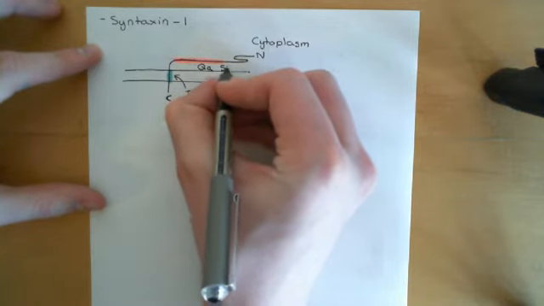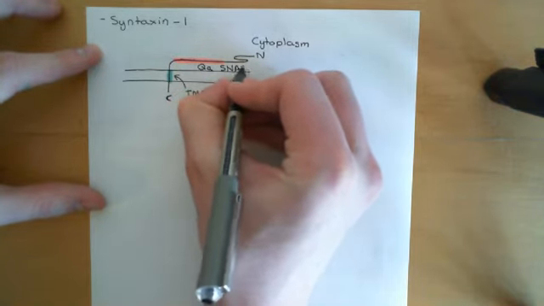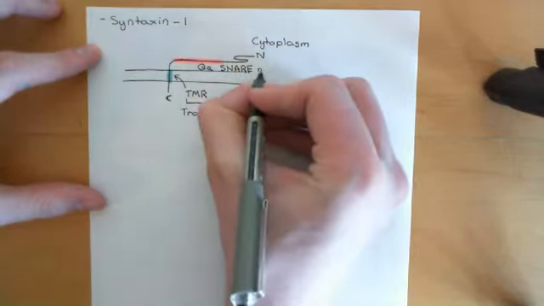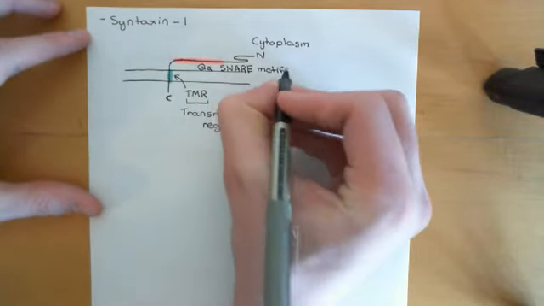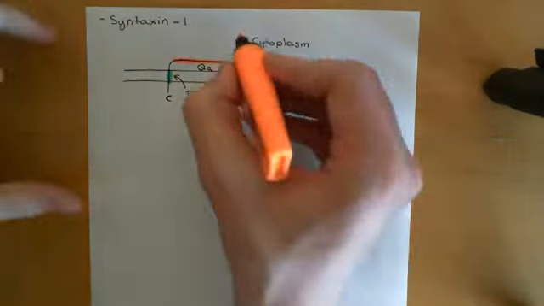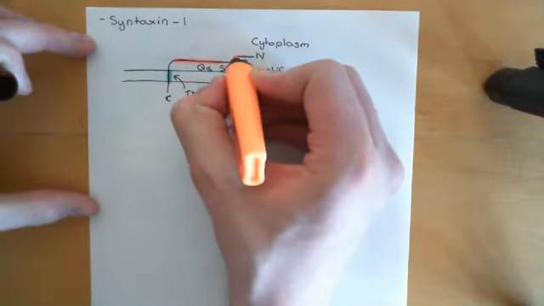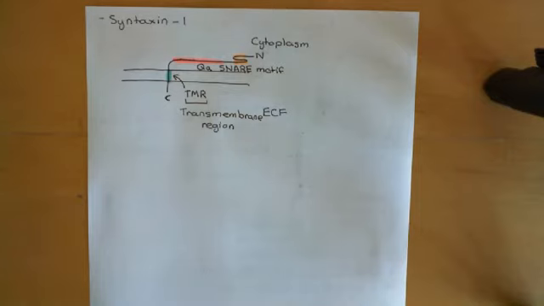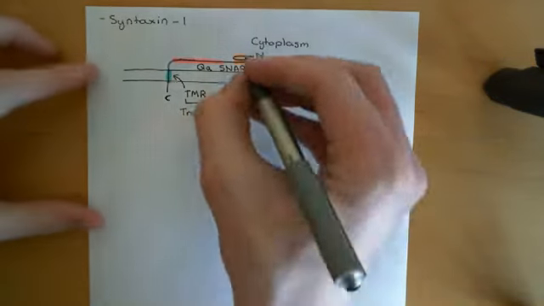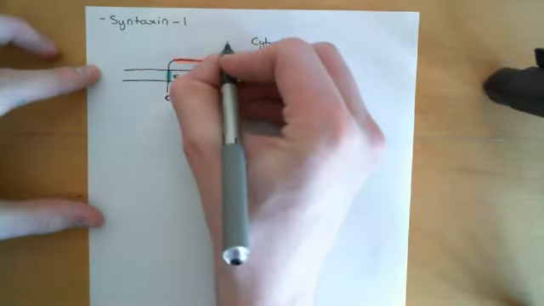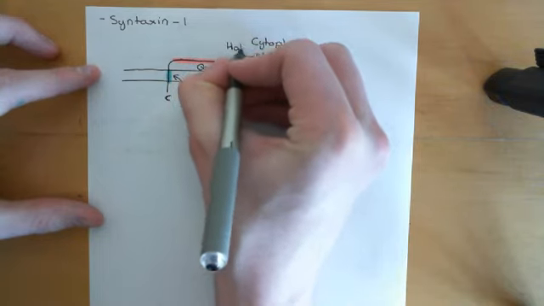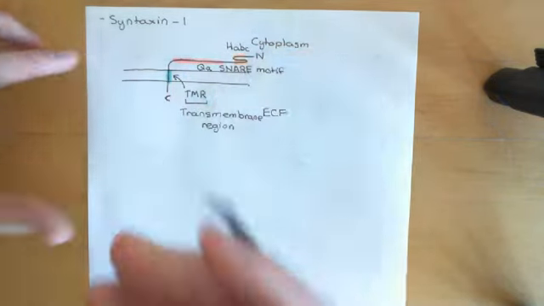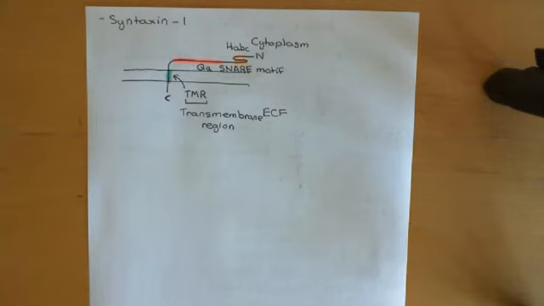After the QA snare motif, you have this cluster of 3 alpha helices together here in orange, all folded back against one another, and that cluster is known as the HABC domain, because it has 3 helices making up that little domain. So that's the structure of syntaxin 1.